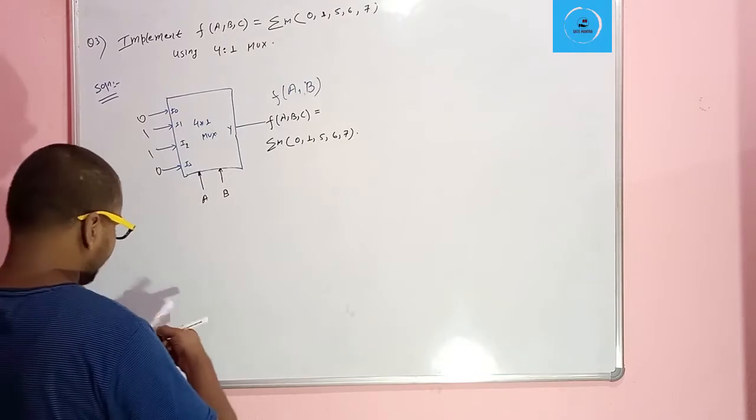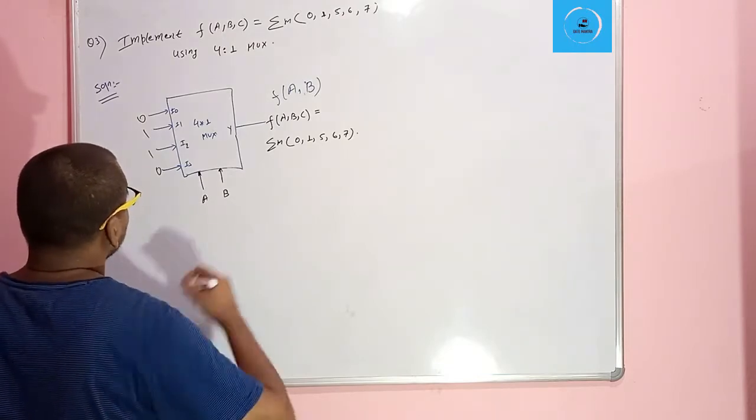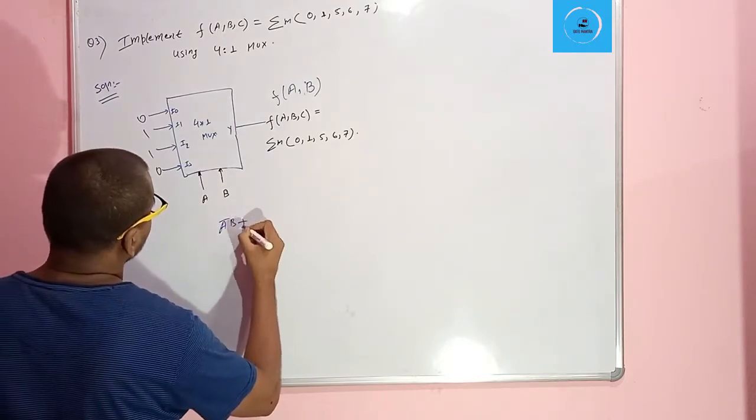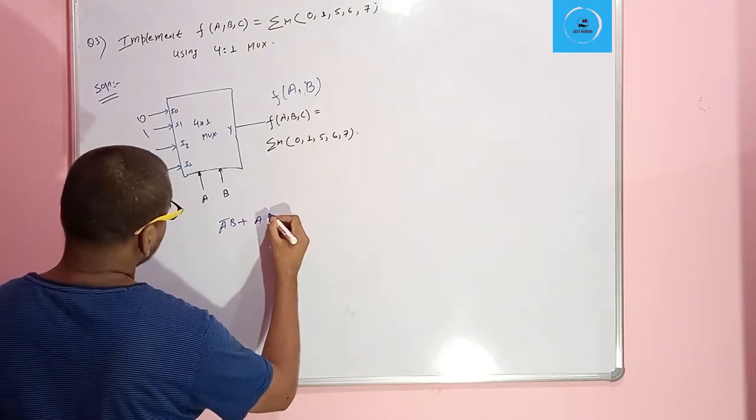If we give the input 0 1 1 0, then we will get the output a b plus a b bar.